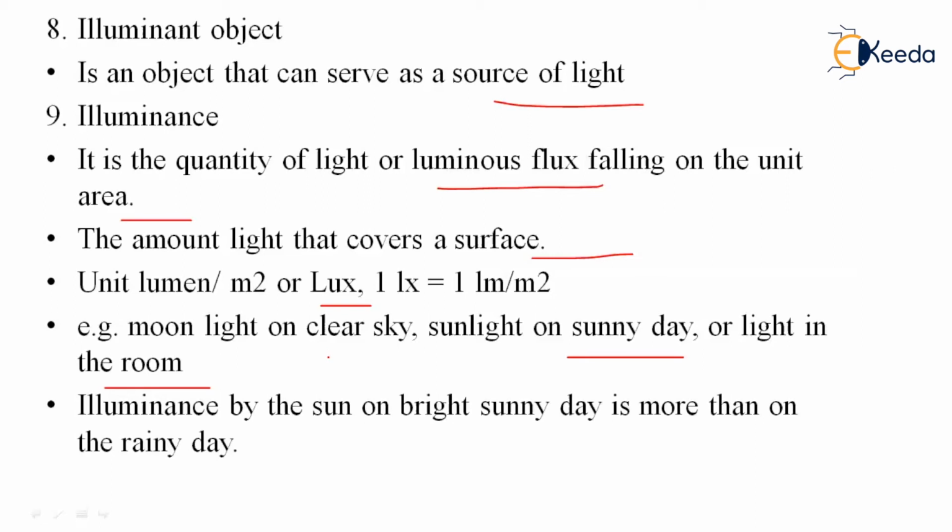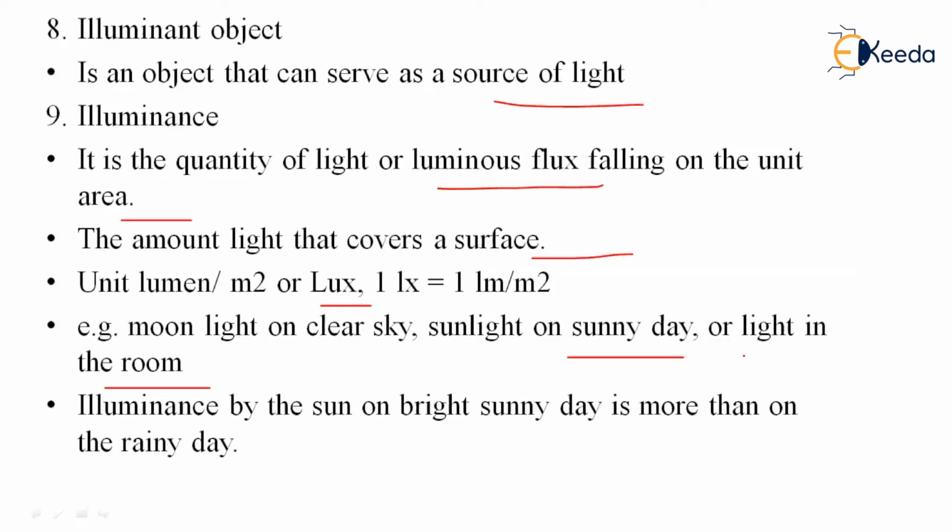Sunlight on a sunny day will give a bright, eye-pleasing light, but the same sunlight on a scanty rainfall day will be different. The light emitted by the sun on a sunny day will be much brighter in comparison to the light given on a scanty rainfall day.